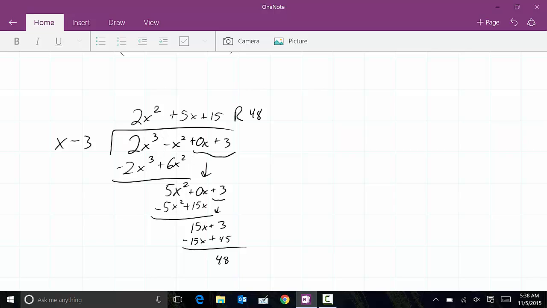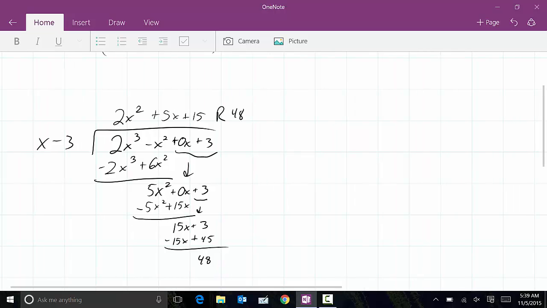So we can do the same thing with this synthetic division process. Let's look and see what that would look like.